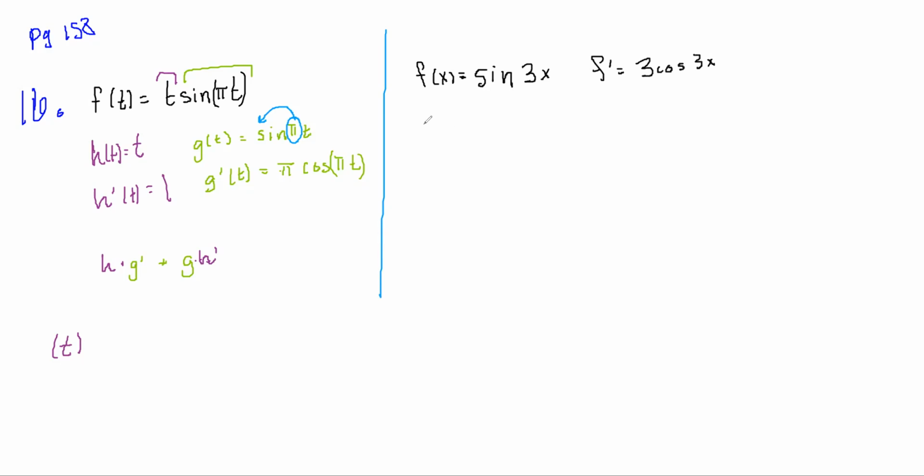We're going to say that our first function is going to be h of x, and that is going to be 3x. So h prime is going to be 3, and then we are going to have the function g of h is going to be sine h, and then g prime of h is going to be cos h, correct?